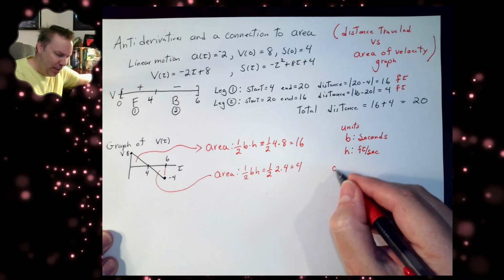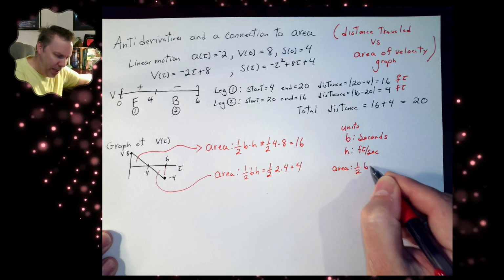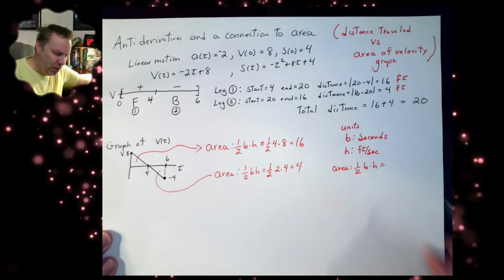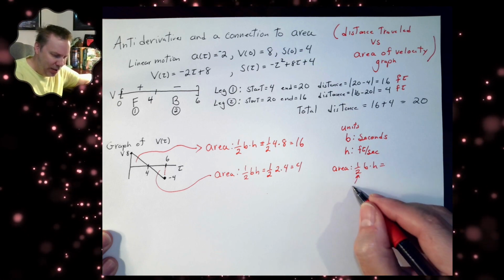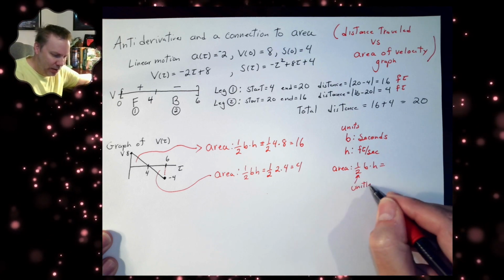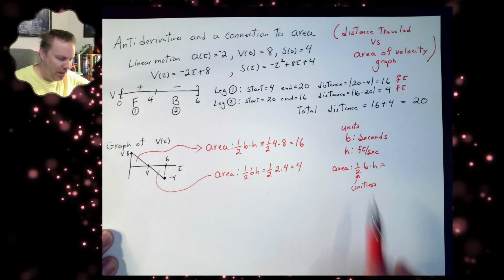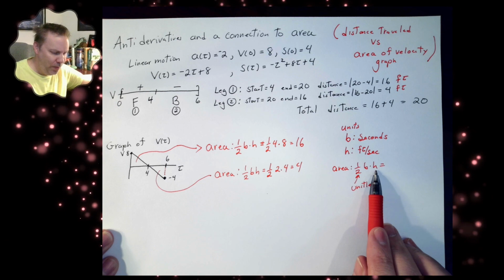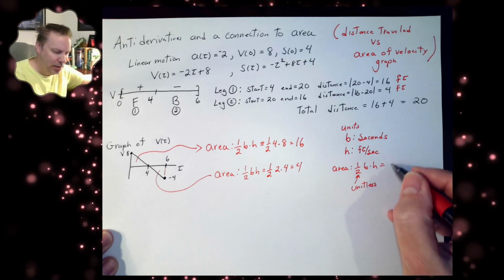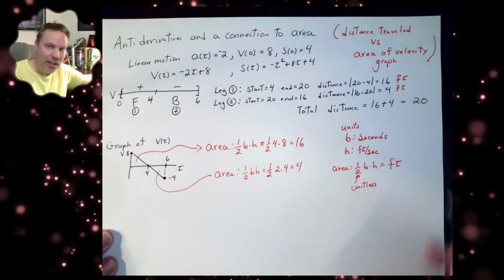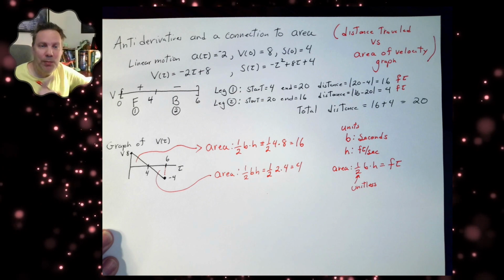What about area? Well, area is equal to 1/2 base times height. Let's look at these units together. Well, 1/2, that's unitless. That's just a factor. The units for the base times the units for the height, seconds times feet per second, gets me feet. So this may seem really odd.